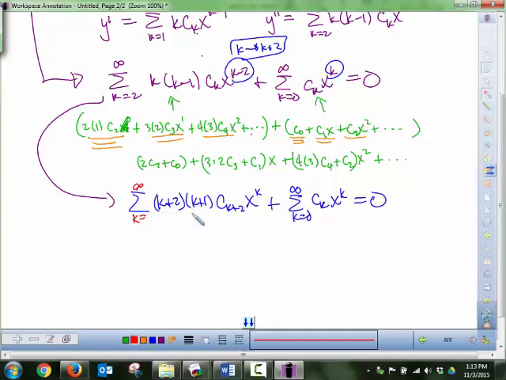Now, if you do that shift with a k inside of the summation sign, you're going to need to shift the starting point as well. So think about when you add something to the k inside of the summation sign, you're going to do the opposite for the starting point.